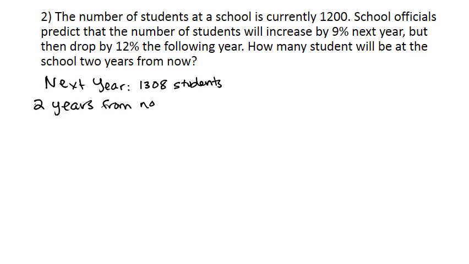So 2 years from now, it says it'll drop by 12% the following year. So we need to figure out what that means in terms of our student body, our student population. So it'll be 12% of next year's students.